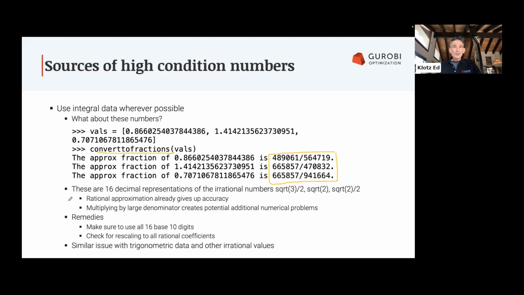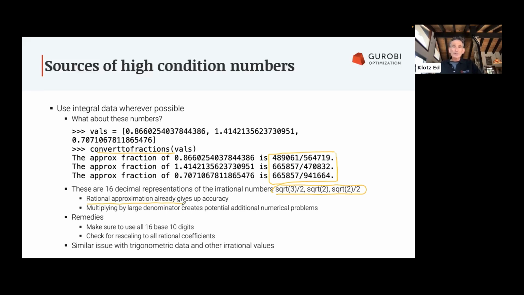So what are these numbers? Well, these numbers are actually 16 decimal representations of various well-known irrational numbers that we see here. First of all, all floating point numbers are rational in 64 bits or any other finite bit precision.